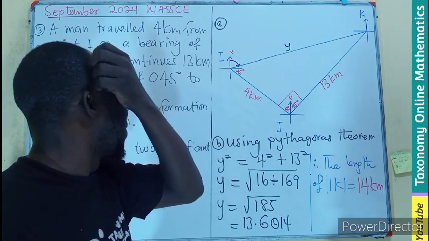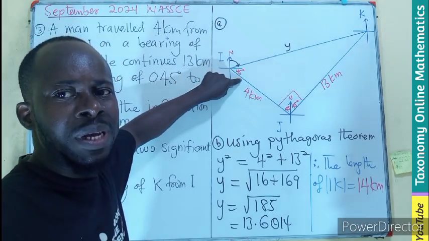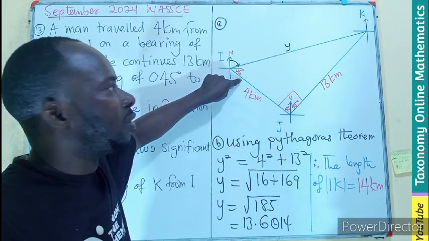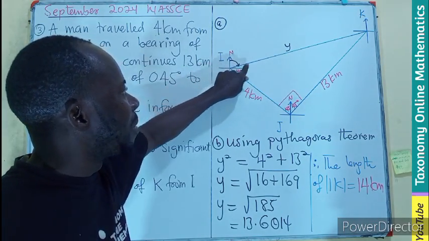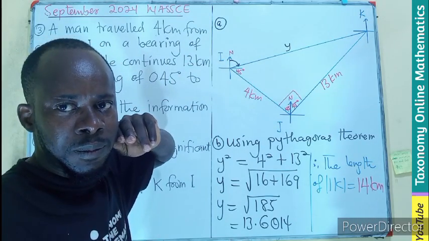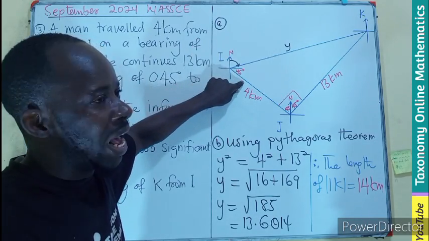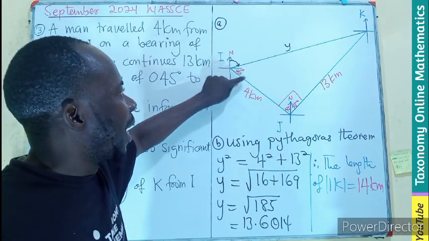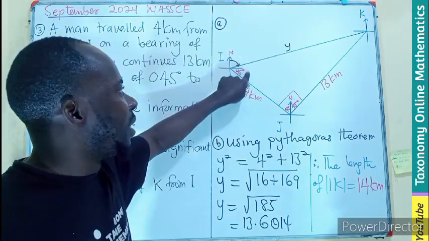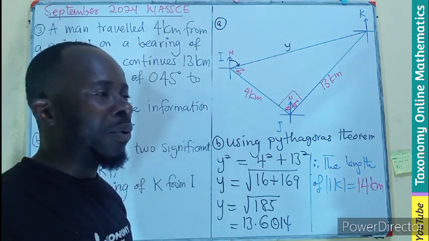Now, in finding that, we can see that from that side all the way to this line is 135. So if 135 minus whatever angle is here will be leaving us what we are looking for. I'm looking for the top. So if I know this angle here, take it from 135, I'll be left with what I'm looking for.